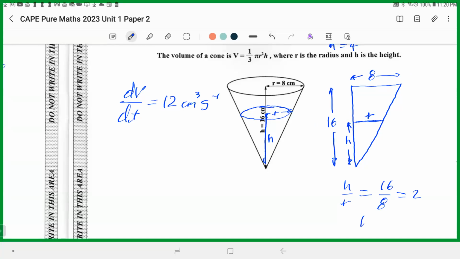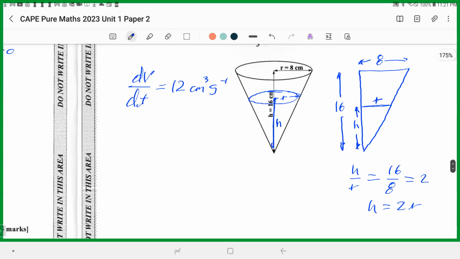So the height will always be 2 times the radius, wherever the water reaches. That's the relationship: the radius is half the height.